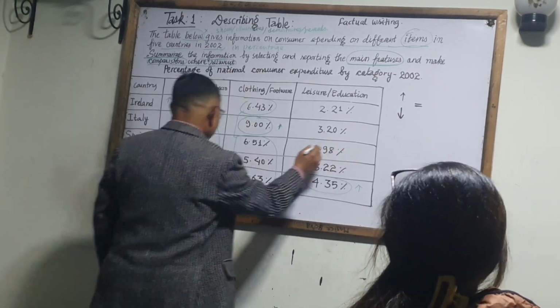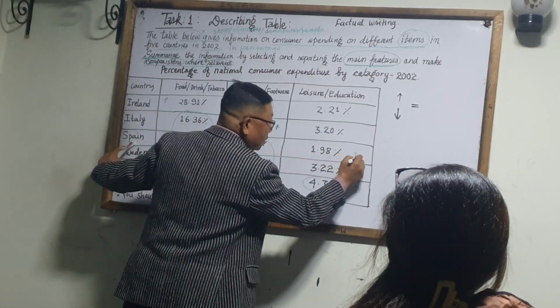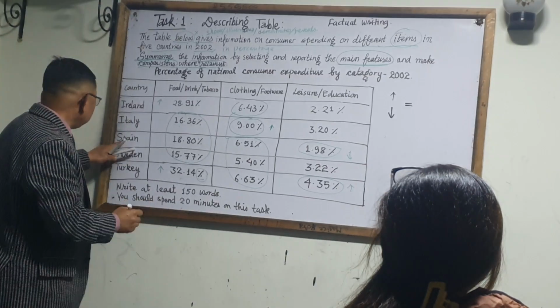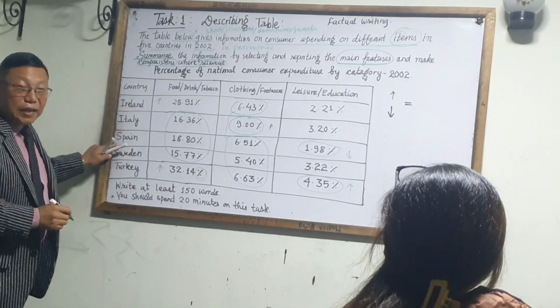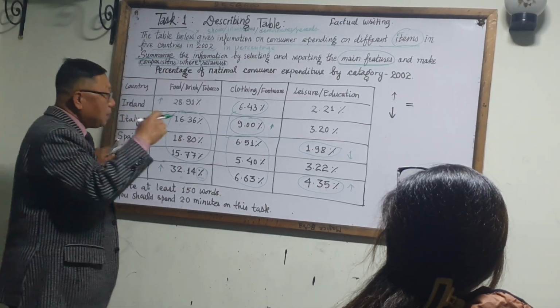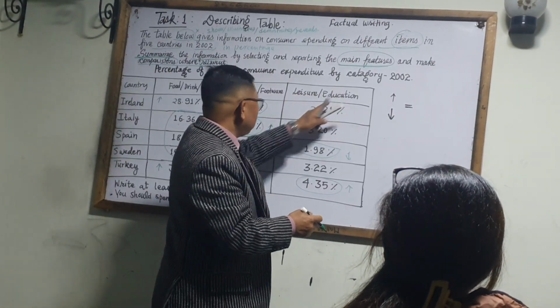And look, the lowest data is Spain, 1.98. That means Spain had spent or invested a very low amount of their budget on leisure and education.